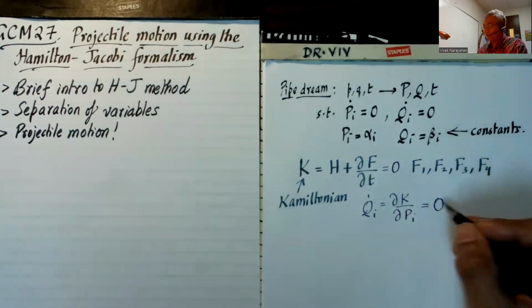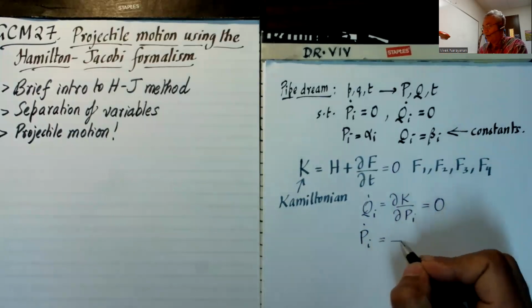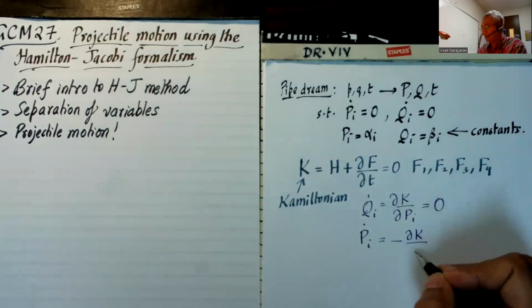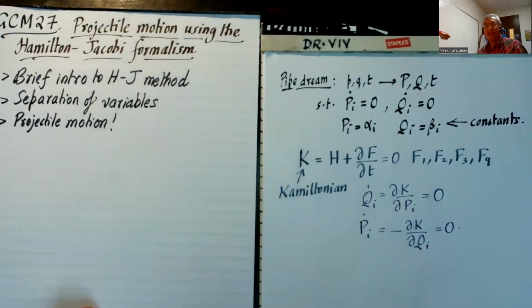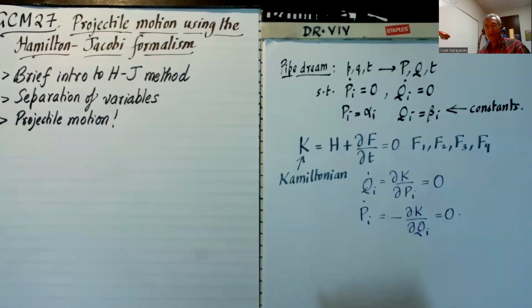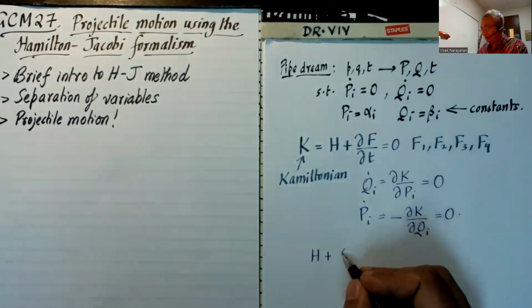Then this is also going to be 0, and the second set of Hamilton's equations, P_i dot equals negative del K by del Q_i, is also automatically satisfied. So we can actually achieve our pipe dream if we simply set the new Hamiltonian to be 0. That gives you H plus del F over del t equal to 0.